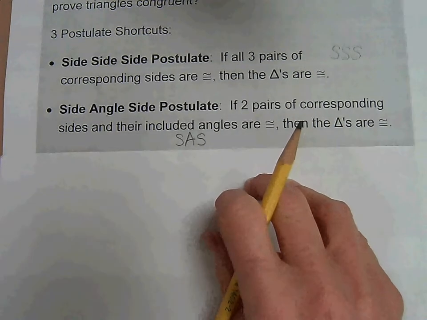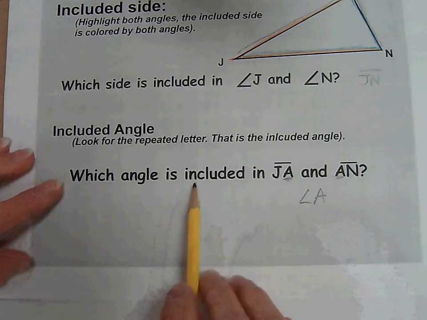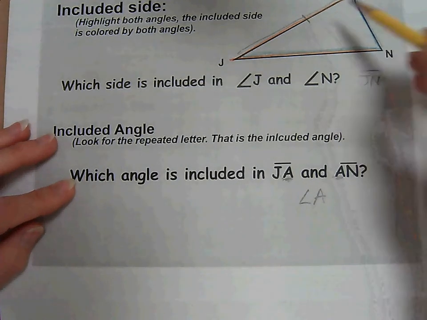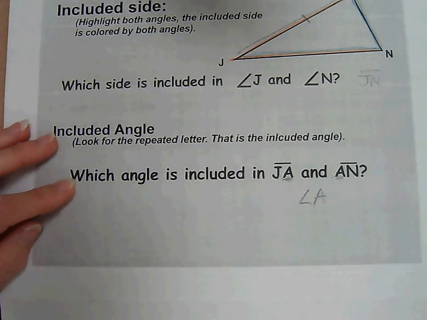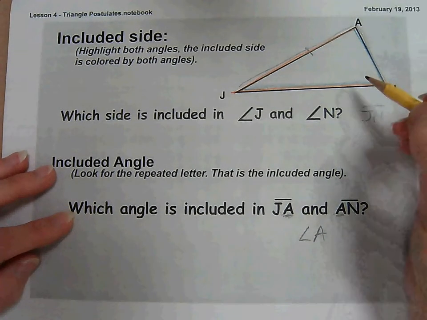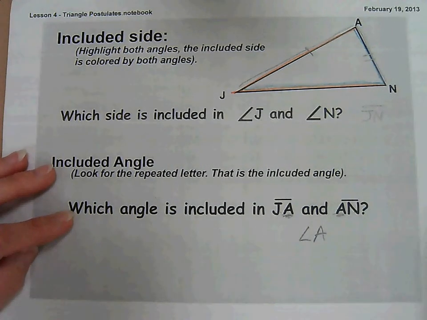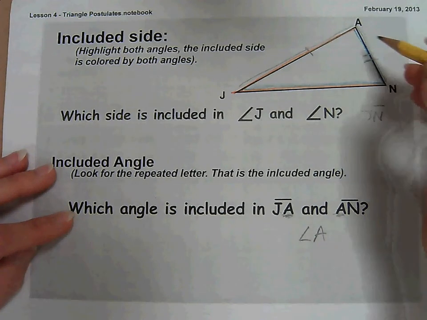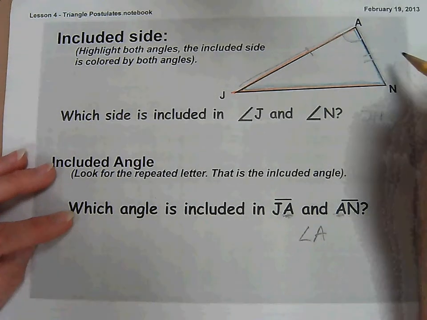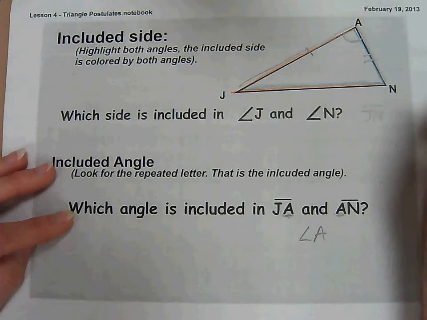Okay, so back in our example here, we had side JA. If we were told that JA on this triangle were congruent to a corresponding side on another triangle, and AN were congruent to the corresponding side on that triangle, and that the included angle, angle A, was congruent to the corresponding angle in the other triangle, then we could say that those two triangles are congruent.